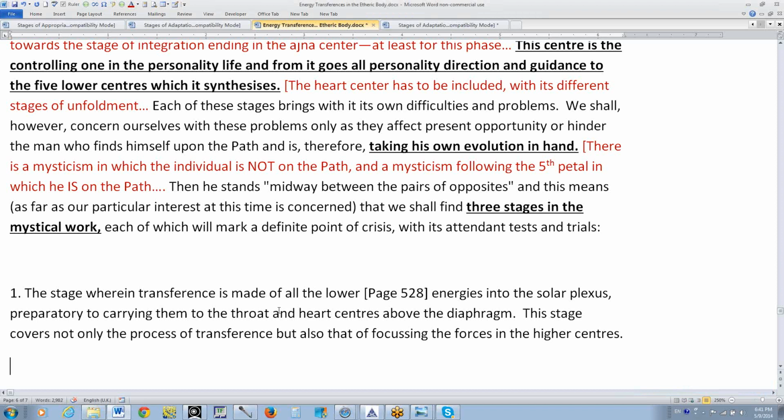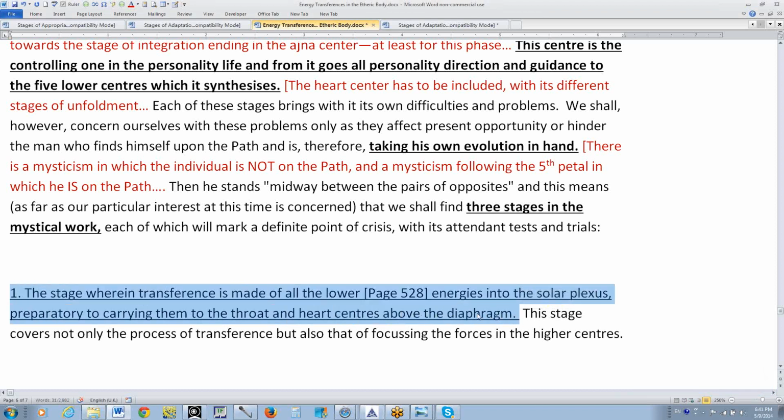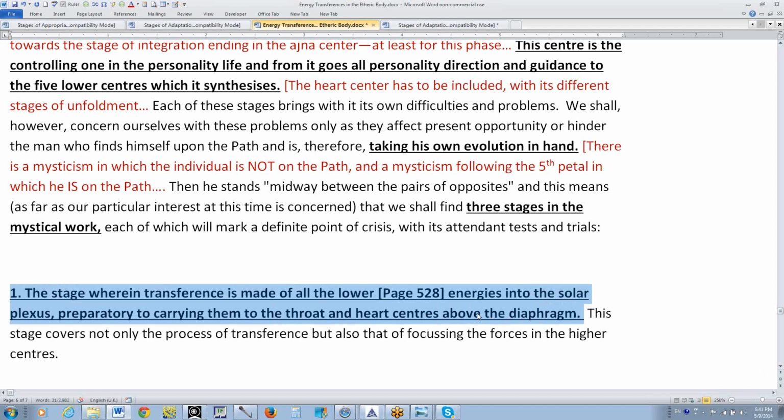So the stage wherein transference is being made of all the lower energies into the solar plexus, preparatory to carrying them to the throat and heart centers above the diaphragm. So this is one stage, and it is not yet the truly intelligent stage. We do not have the truly intelligent mystic. This stage covers not only the process of transference, but also that of focusing the forces in the higher centers.